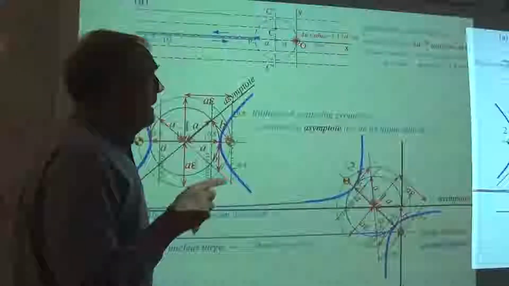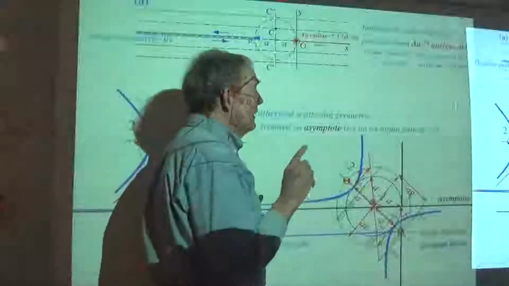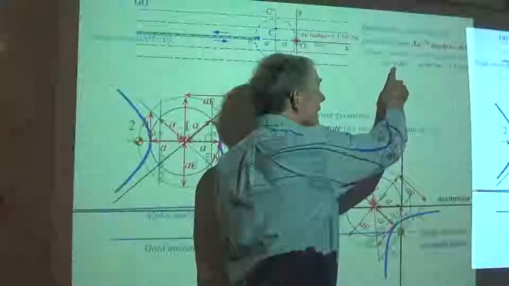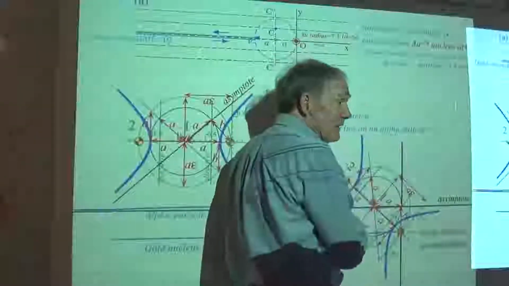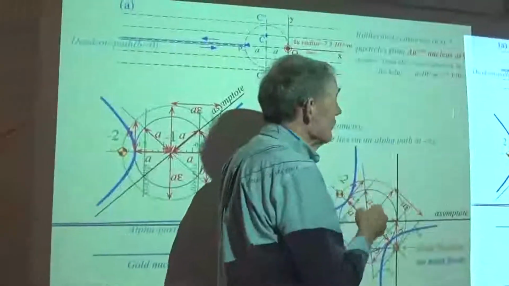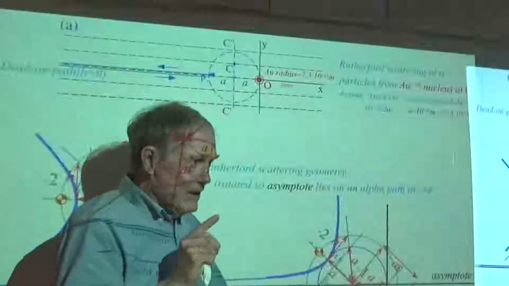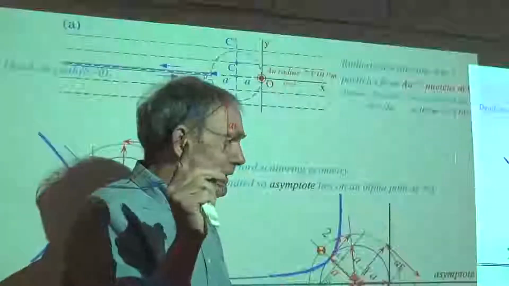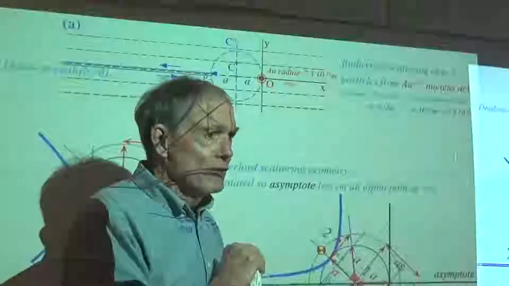So anyway, remember the formula that I told you never to forget for Coulomb energy. The K over 2A. That marvelous energy, total energy, that is only a function of the parameter A, not the B. Only the major axis is important.